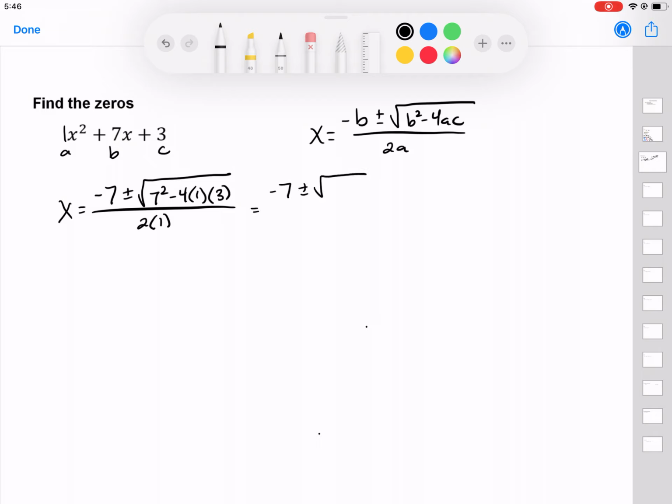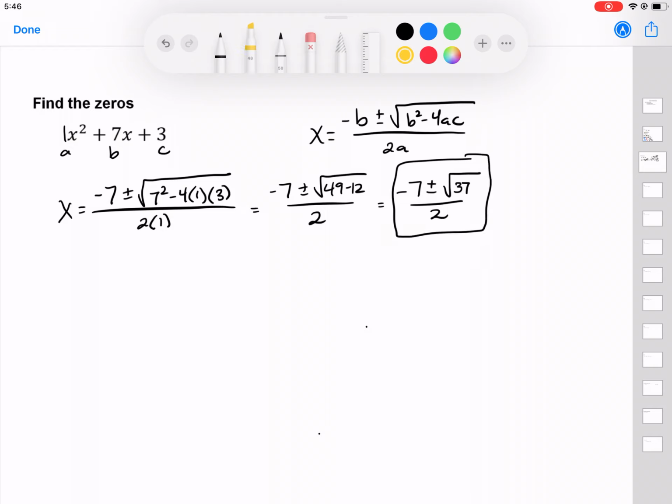Let's find our discriminant first. 7 squared is 49. So we're doing 49 minus 12. So it's negative 7 plus or minus the square root of 37, over 2. Now 37 doesn't break down anymore, so I can't simplify the square root. So those are my solutions. There's 2 of them because of the plus or minus, which the squared term told us there should be 2.